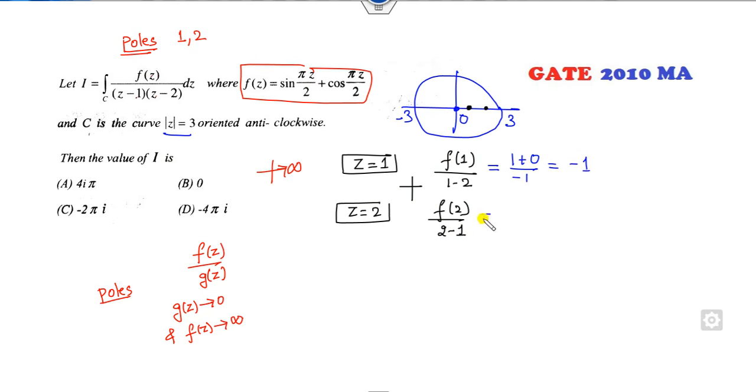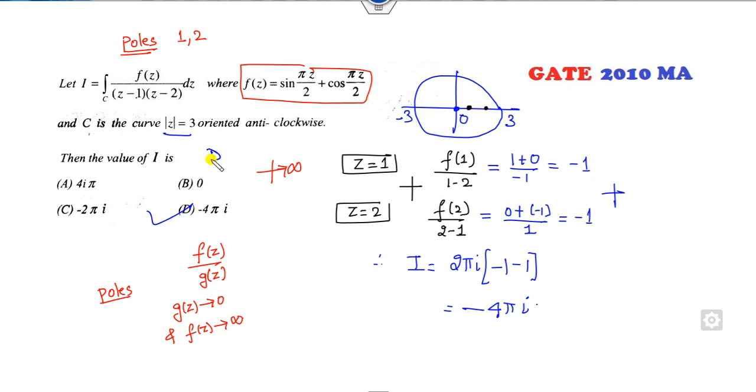It's a minus 1. F of 2: sine of pi is 0, cos of pi will be minus 1, over plus 1. It's a minus 1. So what is the right answer of this? 2 pi iota times minus 1 plus minus 1. It's a minus 4 pi iota, which is the right answer of this problem. Once you can draw the feasible area, you can solve the answer within 15 seconds.